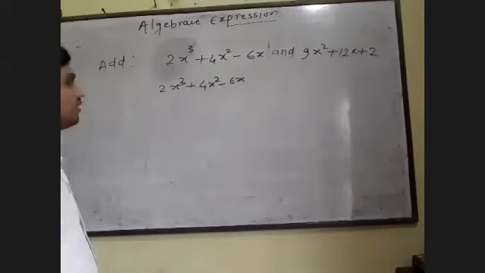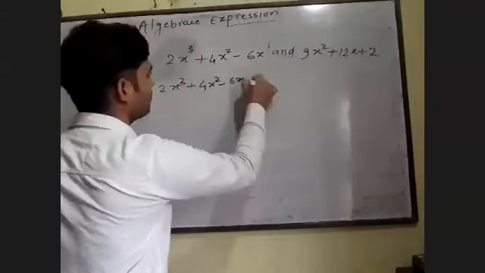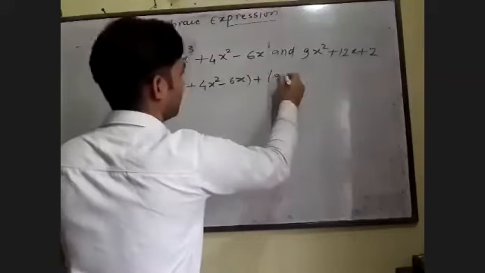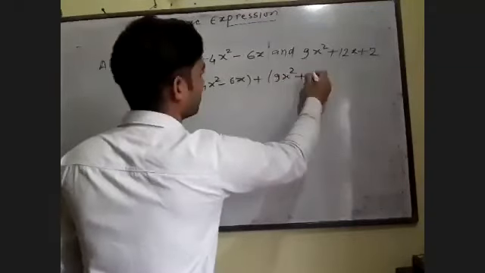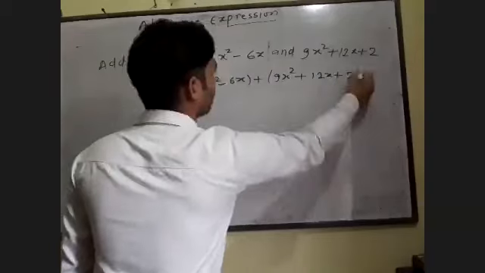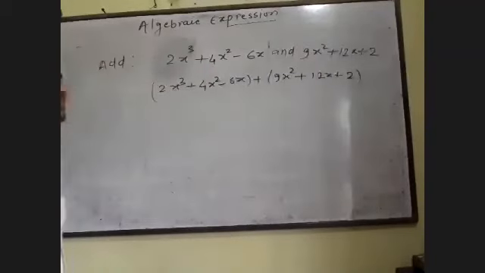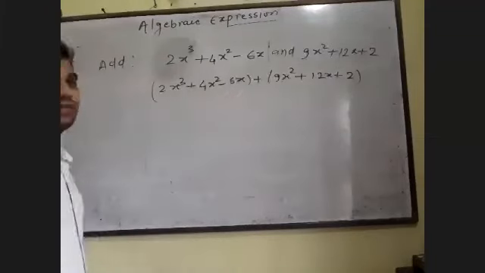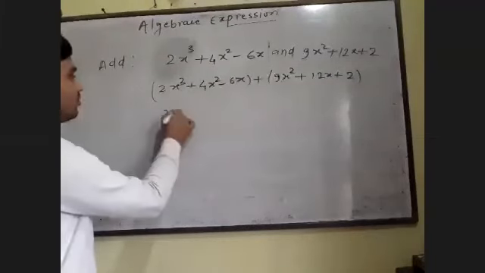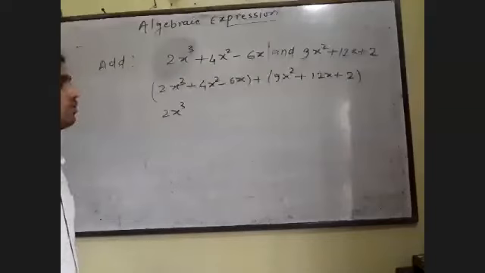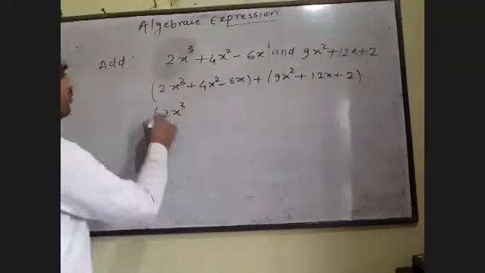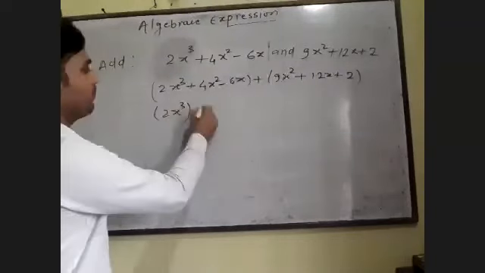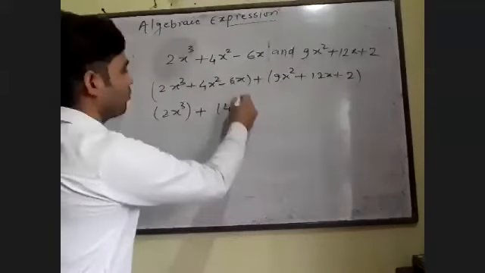Plus 9x square plus 12x plus 2. When we erase it, see, 2x cube is there, 2x to the power 3, so it becomes 2x cube. Also, we can put under brackets plus 4x square.